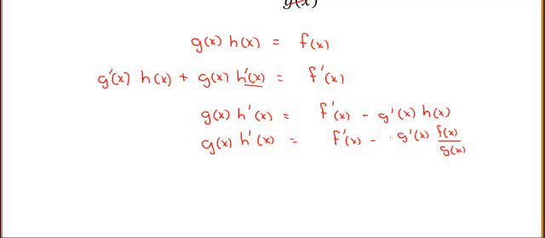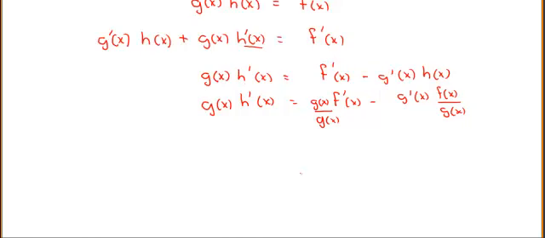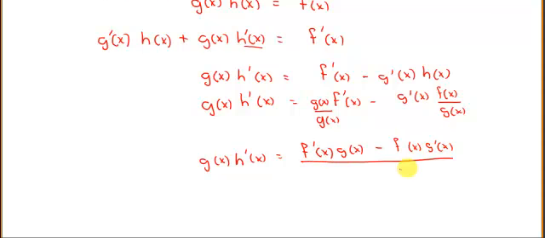I'm going to combine these two expressions, so I'll need a common denominator. I'm going to multiply this by g of x over g of x. And when we do that, we get the result that g of x times h prime of x is equal to f prime of x times g of x minus f of x times g prime of x, all over g of x, that common denominator.